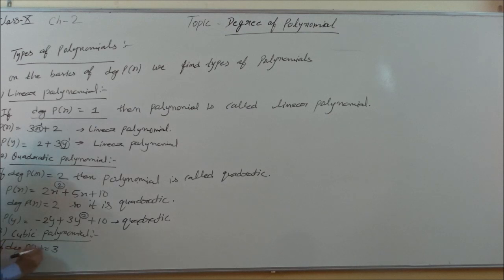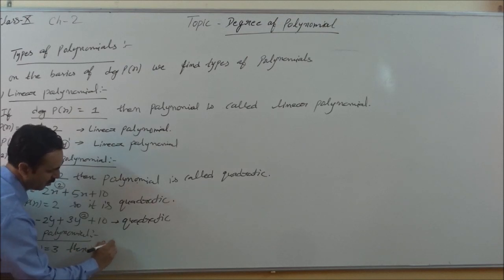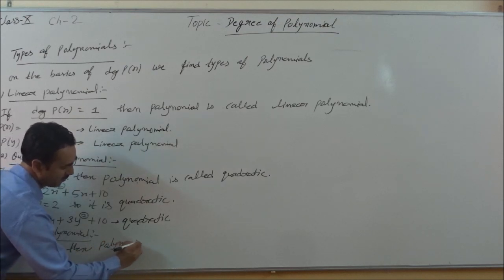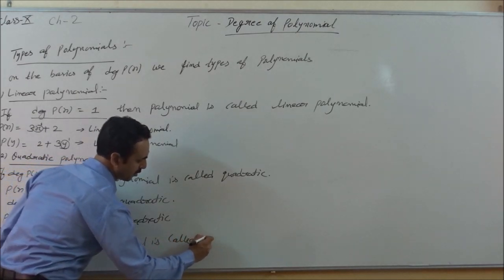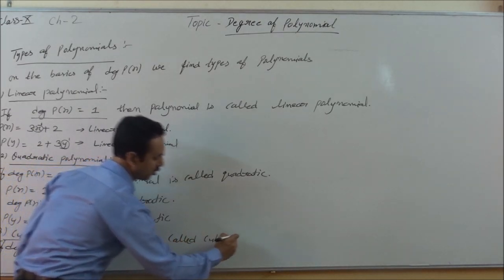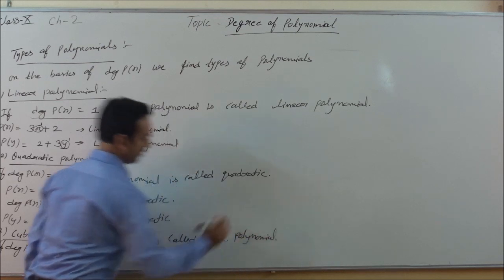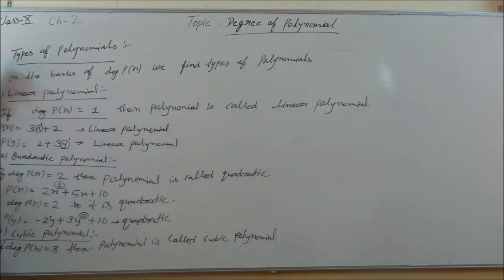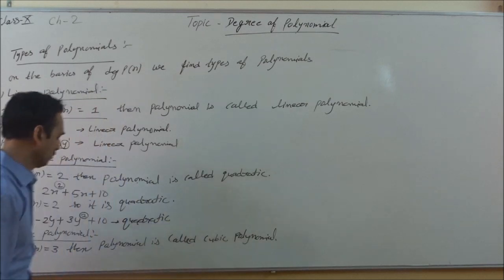If the degree of the polynomial is 3, then the polynomial is called a cubic polynomial. So you have to remember, if the degree is 3, then the given polynomial is called a cubic polynomial.